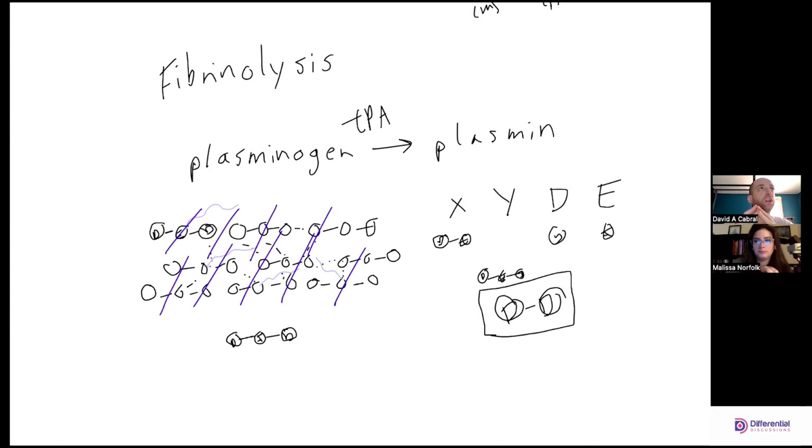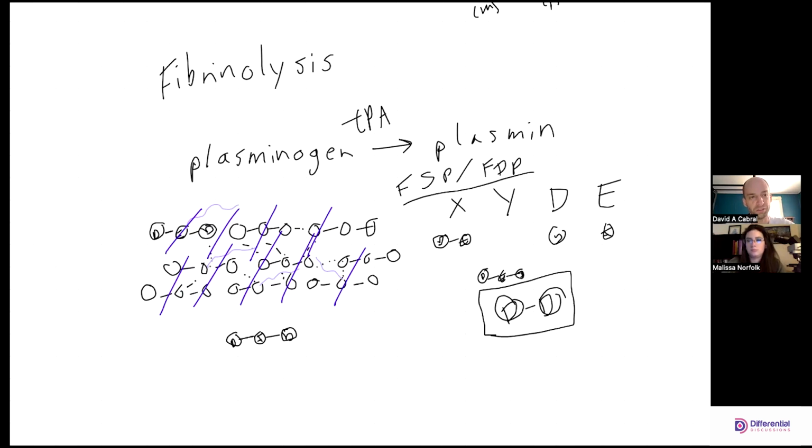So when we look at our X, Y, D, E and the D dimer, those all could be said to be fibrin split products, or fibrin degradation products, FDPs. Yep. So we hear these terms, right? And the D dimer is just an ultra specific molecule of those things, but it can only exist if there was a cross-linking, if there was that polymerization of fibrin that took place. So that's why this test is so darn important.